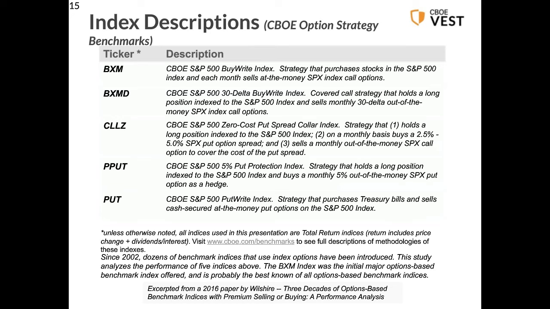Before I get into this, I want to mention that I'm going to be talking about a few different strategies: buy writing, collars, put protection, and then target outcome. These strategies use S&P 500 options, some examples of which would be ETF options on SPY or on IVV that trade, of course, across many exchanges where you can find trading in these ETF options.